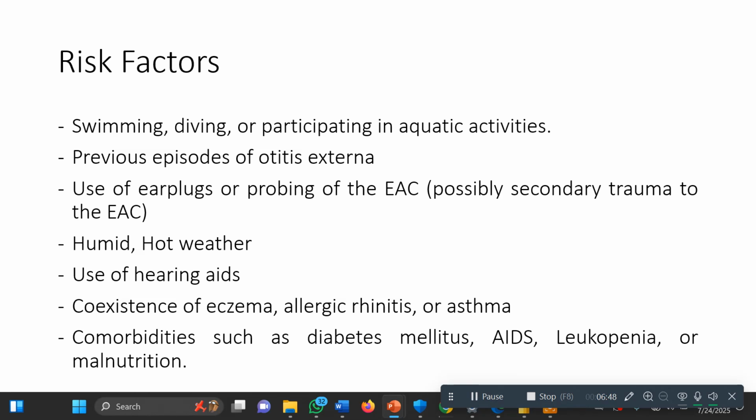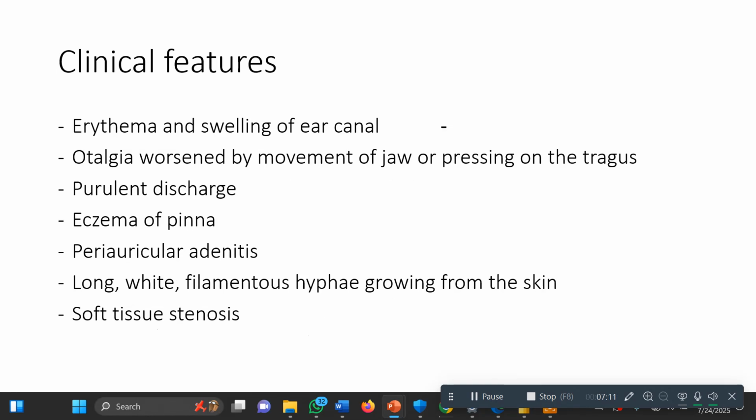Humid weather, hot weather, use of hearing aids, or even patients who have eczema, allergic rhinitis, or asthma have a higher risk. Comorbidities such as diabetes mellitus, AIDS, or malnutrition can pose a great risk for this.